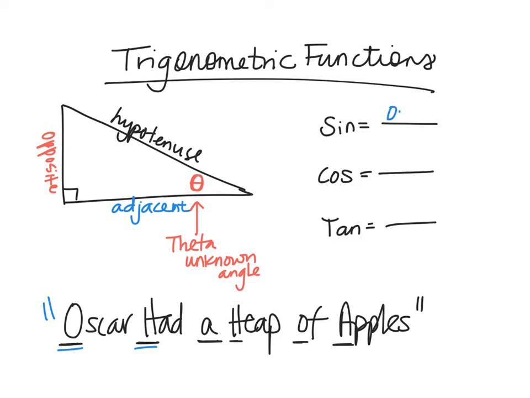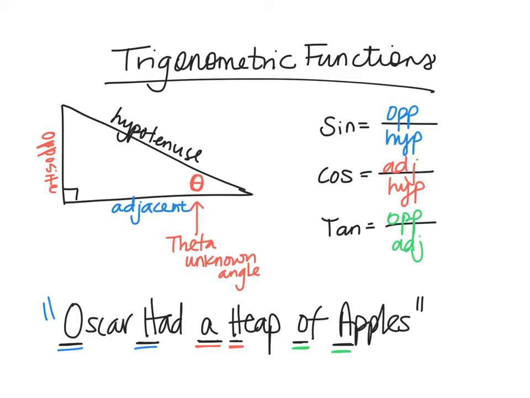So sine is opposite over hypotenuse. And then cosine, that's A and H, which stand for adjacent and hypotenuse. And then our last pair here is O and A, which stands for opposite and adjacent.